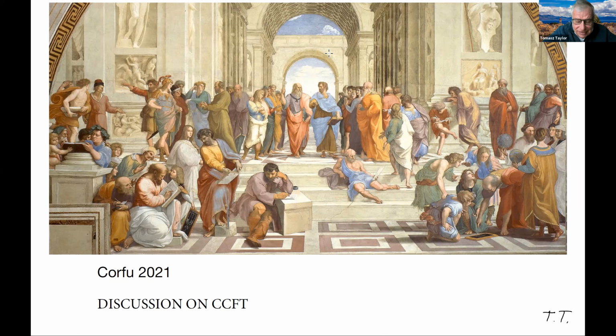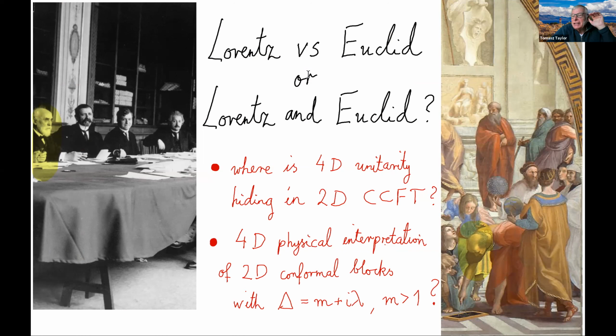This is the relation. The question which puzzles me, and which I consider really very important for formulating celestial conformal field theory, is whether to go Euclidean or Lorentzian. Whether this two-dimensional CFT should be thought of as a Euclidean theory or Lorentzian, or we should somehow go both ways. Like in 4 dimensions, we are Lorentzian, but most people use Euclidean as an auxiliary construct for analytic continuation and so on.